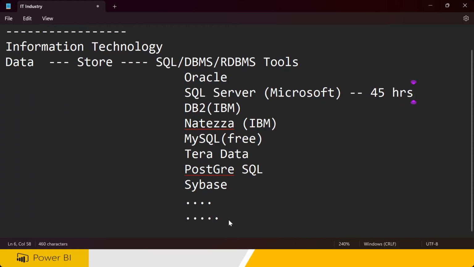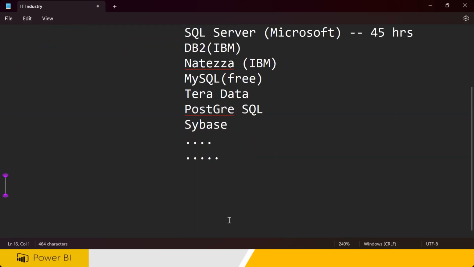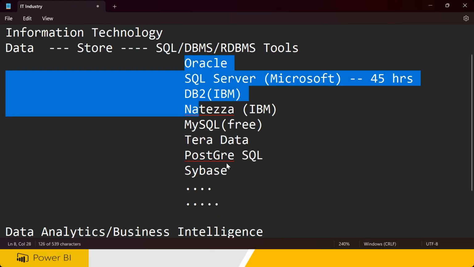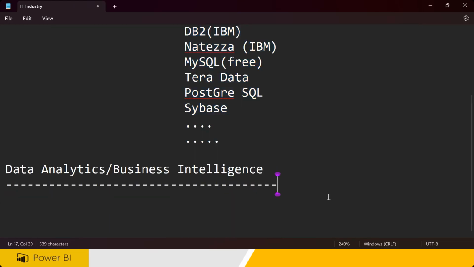Now, the second question: let us talk about what is data analytics. Data analytics is also called business intelligence. If you have data somewhere, I want to know what has happened.